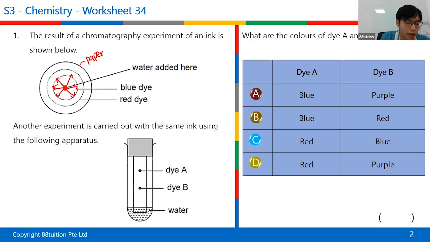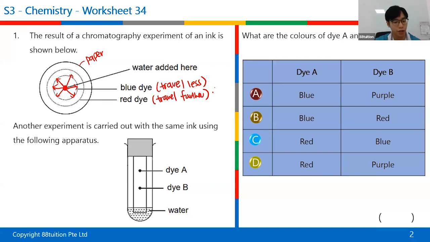Whatever ink is present in the center will also be separated out. If the inside one is the blue dye, this blue dye travels less with the water, and the red dye is further out, traveling further.